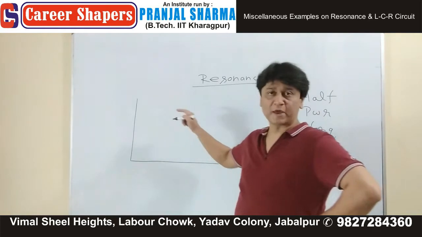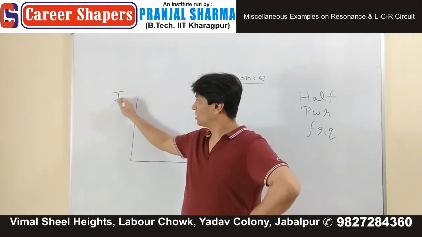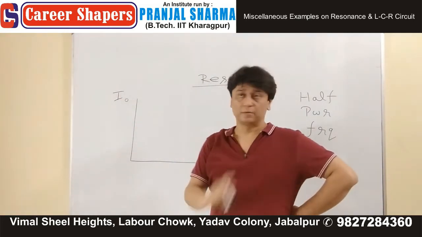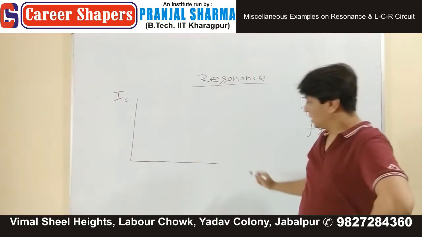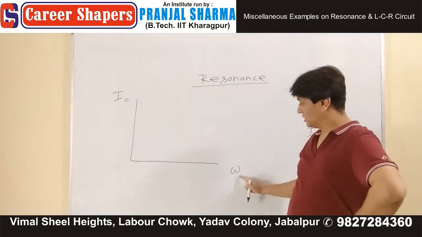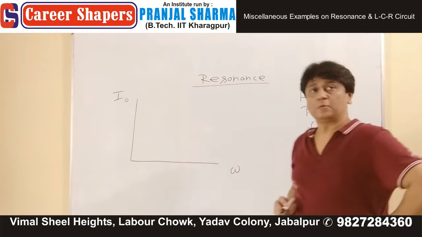This is something which is very important for you. If you are asked to plot a graph of I naught, it's not I, it is I naught, the peak value. If you have to draw a graph of I naught versus omega, what is I naught?